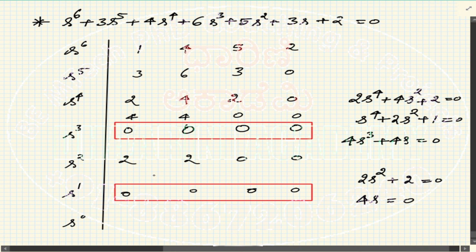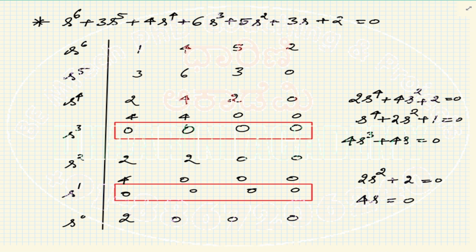We'll replace them as 4 followed by 3 zeros. So 4 into 2 minus 0 by 4, it's 2, I guess. 2, 0. So now when you verify this, you can see that there's no sign change, so the system is stable.